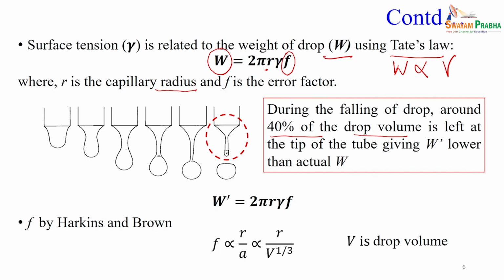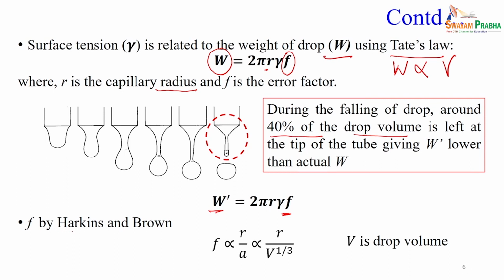So, that is why we can write W as W dash, and to incorporate this error, we are adding an error factor, and as you know this error factor comes from the size of the capillary radius, as well as the leftover at the tip of that capillary.